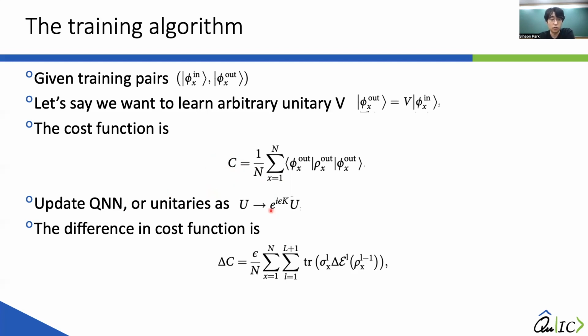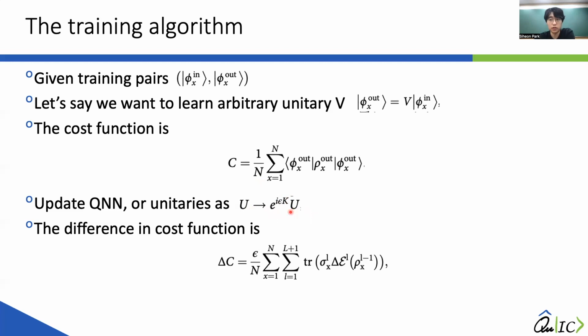And after calculating this cost function, we are going to update our QNN unitary like this. So here K is some arbitrary Hamiltonian, and we will evolve the unitary like this. This makes sense, right?